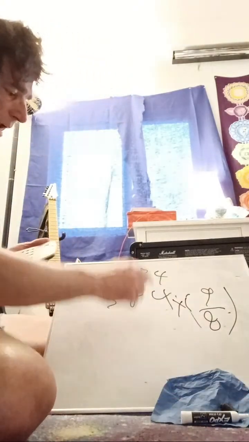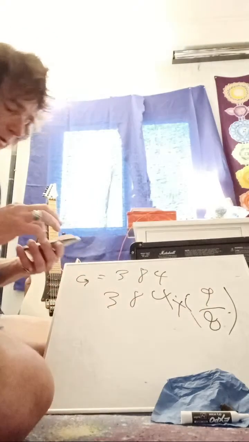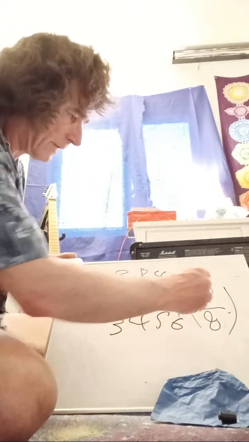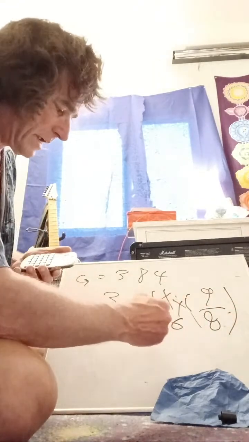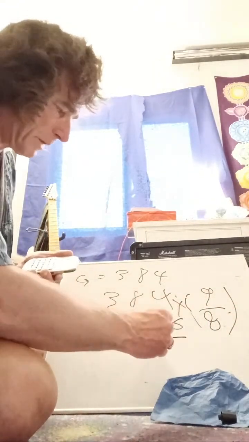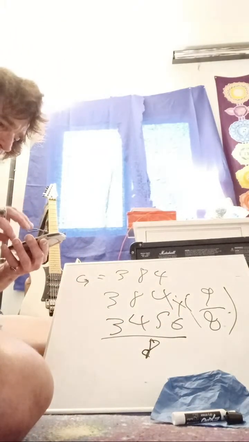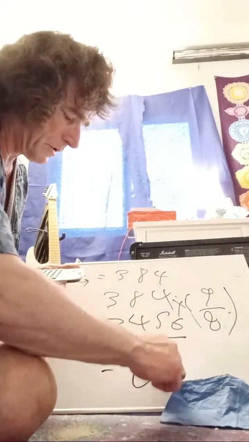So what's 384 times 9? It's 3456. So that's 384 times 9, but you've got to divide by the 8. So 3456 divided by 8, I'm going to do it on my calculator here, is equal to 432.